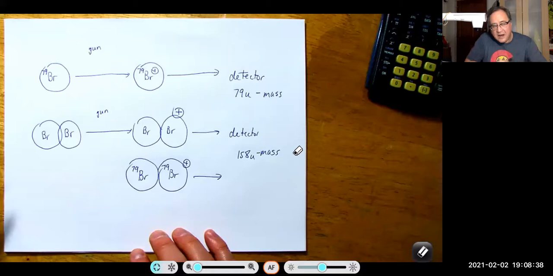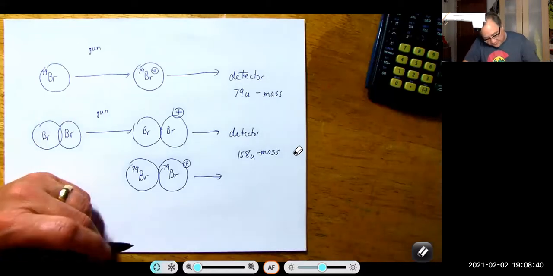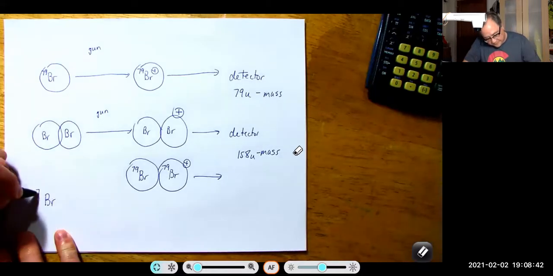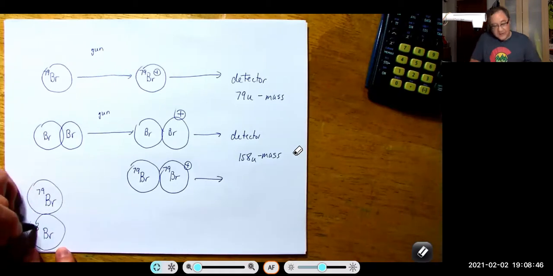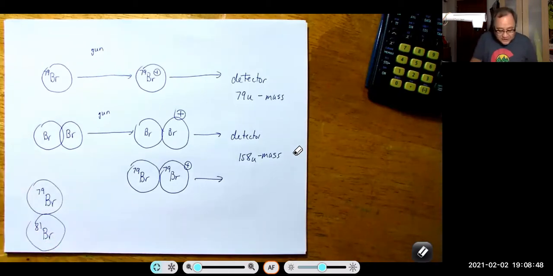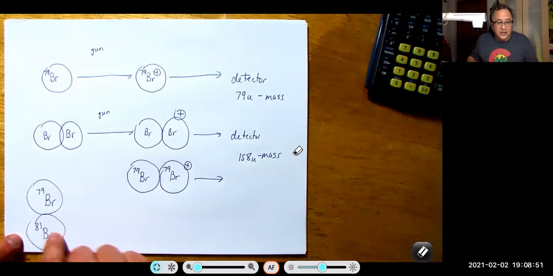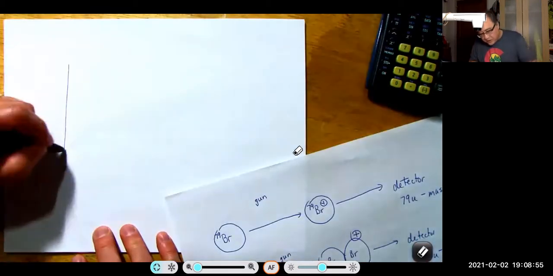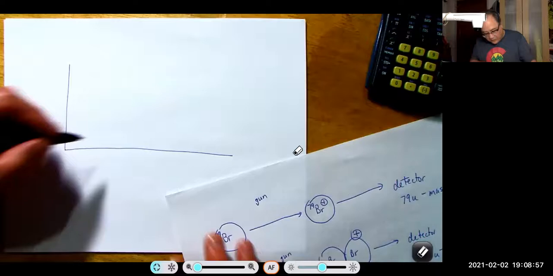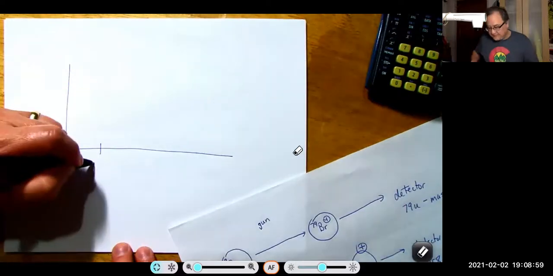Now, how many isotopes of bromine are there? There's two of them. There's not just 79s, there's 81s. So what is our mass spectrum going to look like down here? We already have a 158.